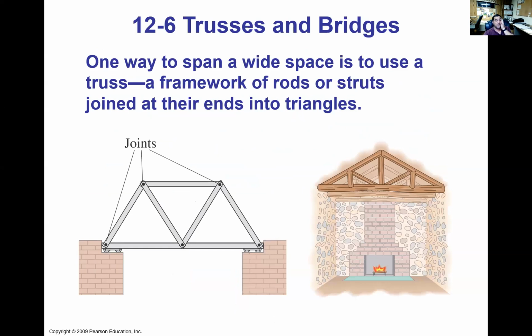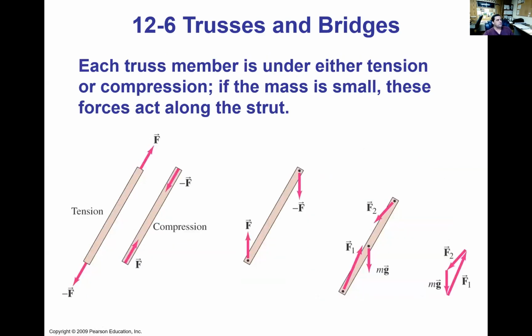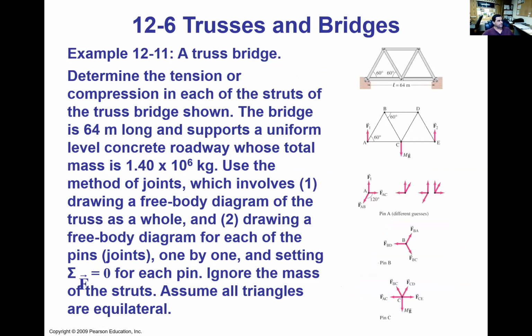So you're going to be dealing with roof trusses or bridge beam trusses and solving for each of the components of that truss, which are called members. So each member of the truss is either going to be in tension, compression, one or the other. You always assume that they're in tension. So you do all of your calculations assuming they're in tension, and if you get negative forces on any particular component, then you know it's in compression.